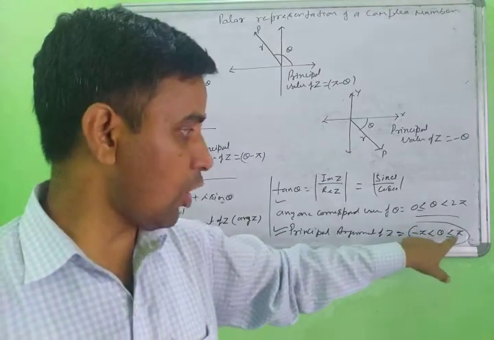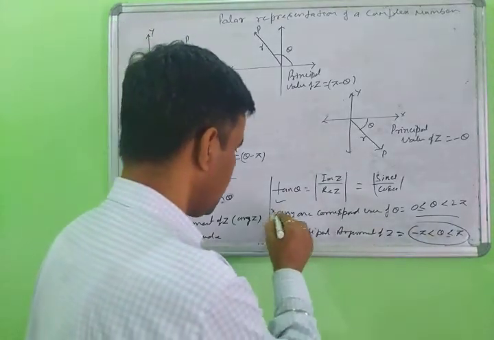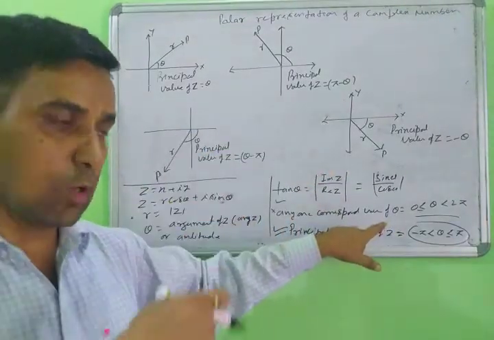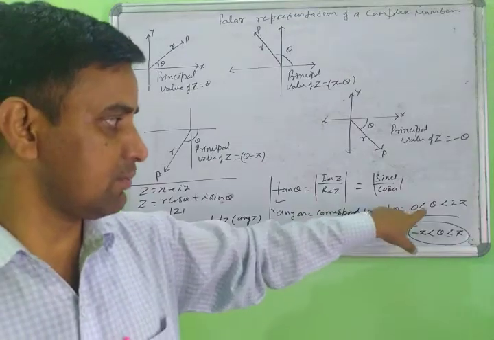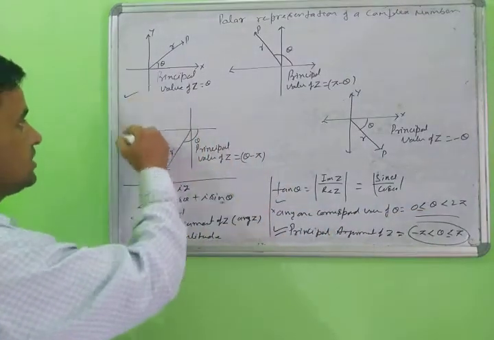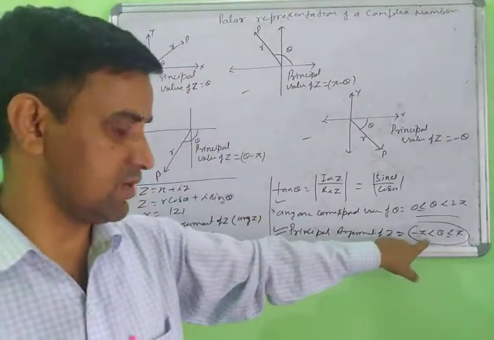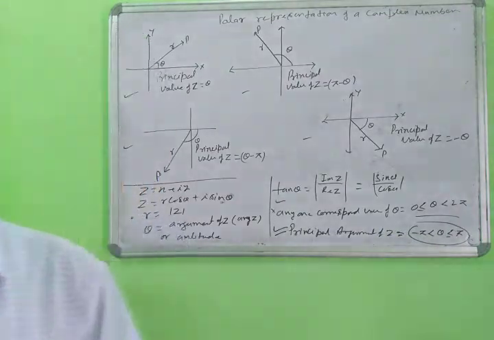So your theta always belongs in this way, not this way. Any corresponding value is when you always count anti-clockwise. But if you count in this way, then your theta will belong to this range. Yes, note it down. Then the next point.